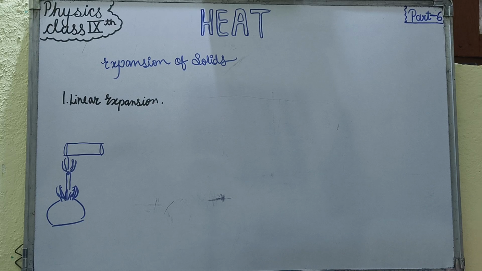The increase in its area of cross section is negligible when compared to its length. The expansion in the rod is noticeable along its length. This is called linear expansion.